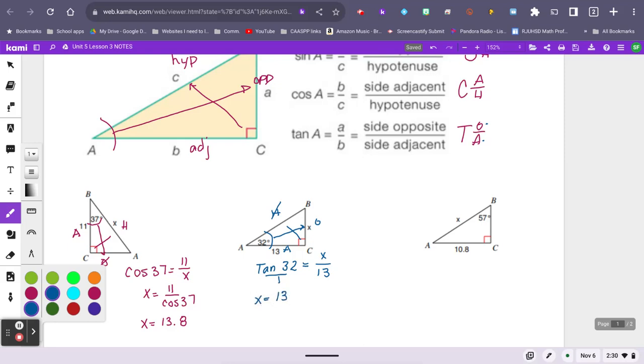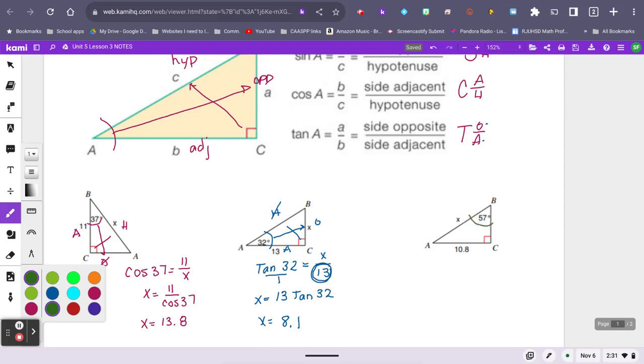And I find that when you're multiplying by sine, cosine, or tangent, you always want this number to be in front. Always, always, always. Otherwise, students forget to put parentheses at the end to close the tangent 32, and it gives you a wrong number. And this one's going to be 8.1.